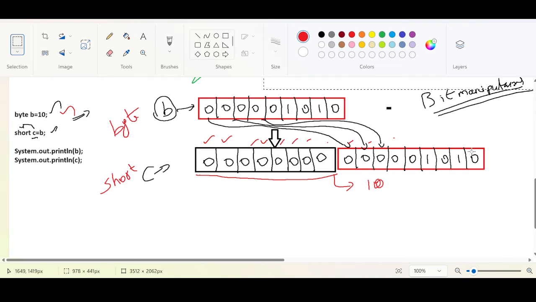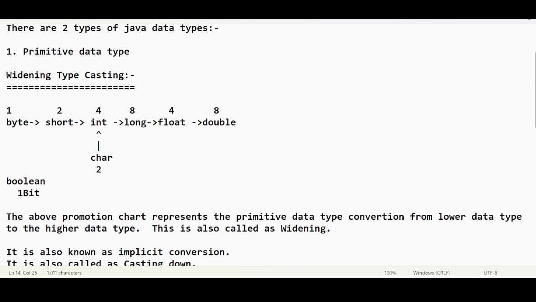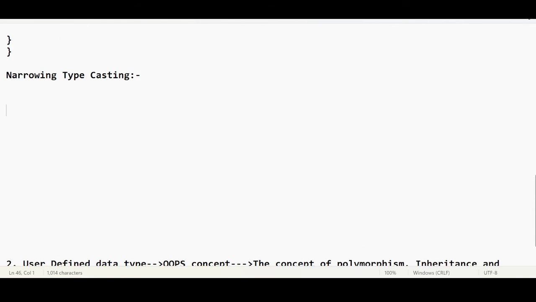The memory gets widened. But with the narrowing concept, the memory gets decreased or compressed. This is the first takeaway, the first bottom line.